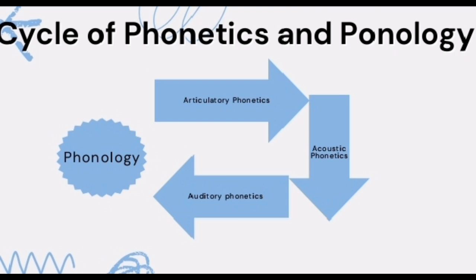After that, the sound is studied in auditory phonetics, that is, how the listener perceives the sound. So this is a cycle which starts from phonology or phoneme and ends at the phone or phonetics.